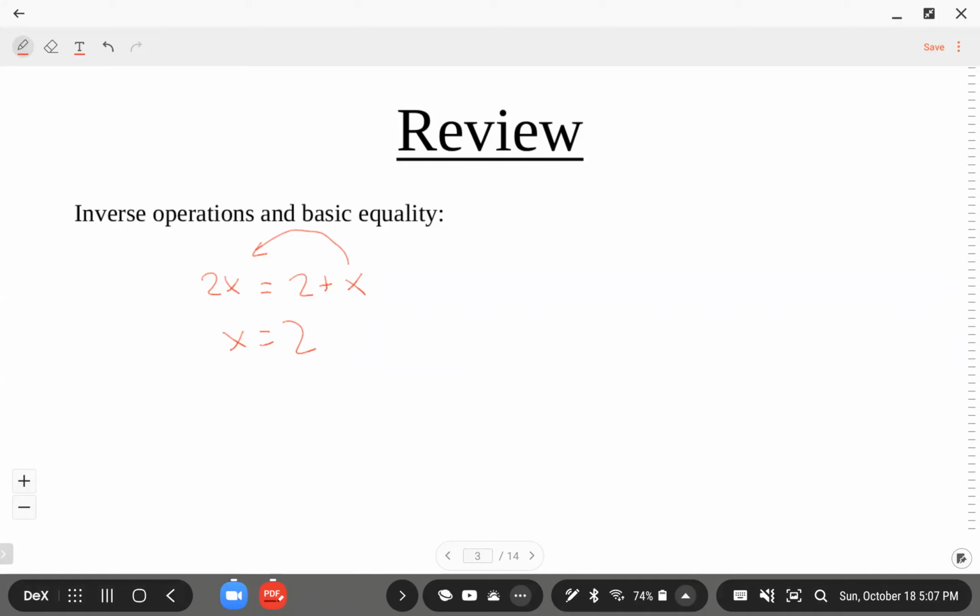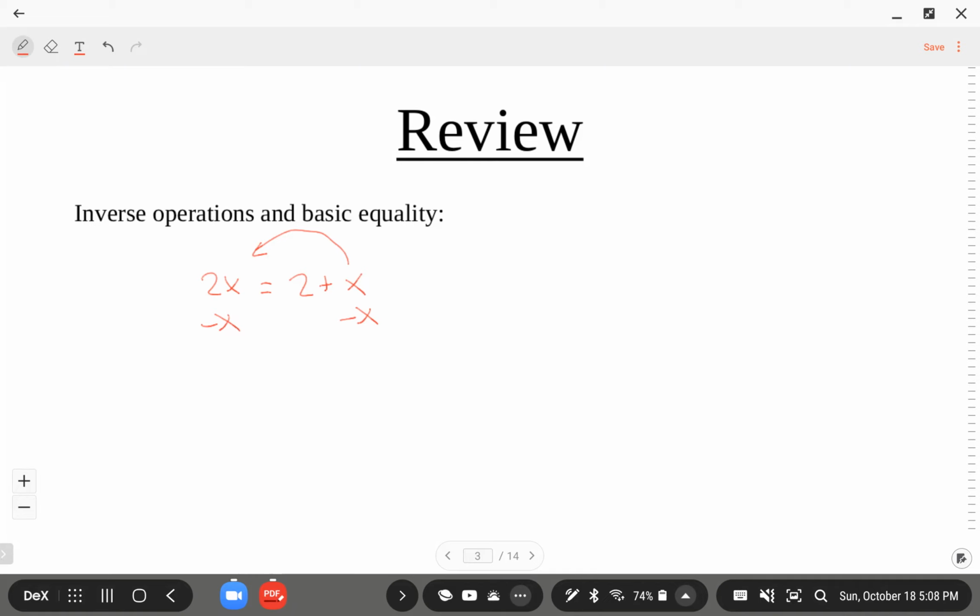Now, why is it 2x and not 3x? Why isn't it 2x plus x? I've gone over this a lot of times, and I just want you guys to review the inverse operations. When you move this x to the other side, what you're really doing is you want to cancel x out on this side and move it to the other side, right?